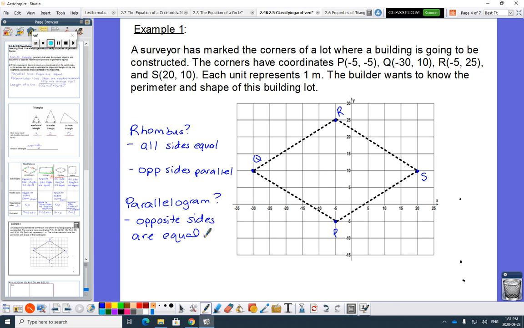So it also wants us to do perimeter. So once we do the length work, perimeter is not too hard, okay? But we have to do the lengths first.